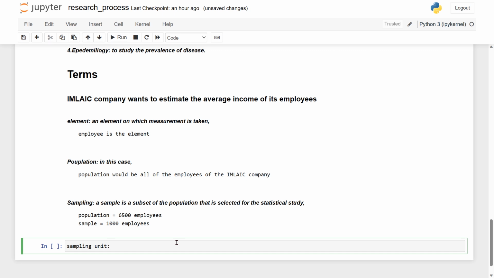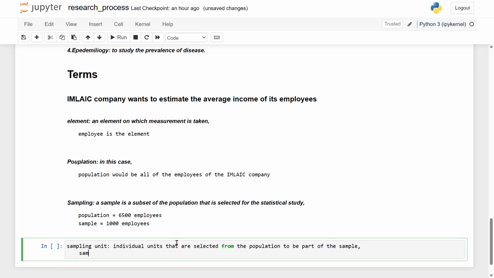A sampling unit is nothing but the individual units that are selected from the population to be part of the sample for statistical analysis.